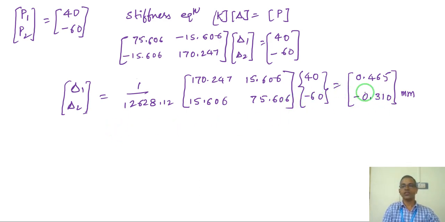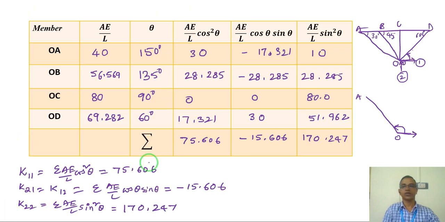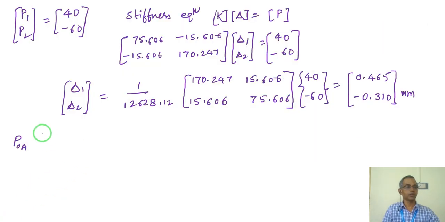Since displacement is now known, the member forces can be calculated using the equation for POA, the force in member OA. It will be nothing but the formula AE by L into delta OX minus delta AX, near end minus far end. Very important.